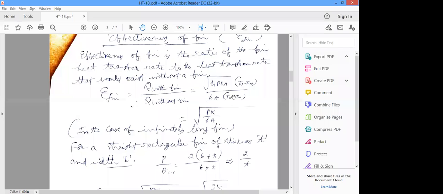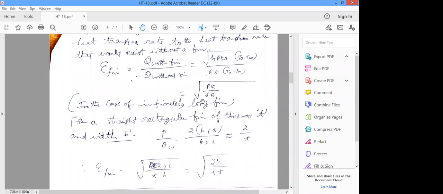So T naught minus T free stream gets cancelled. Root hPkA divided by hA becomes the square root of Pk by hA. The effectiveness of the fin is equal to the square root of Pk by hA. This is for the case of an infinitely long fin.